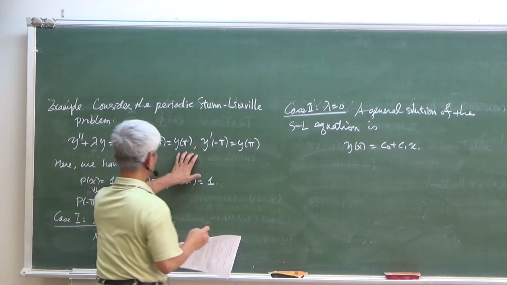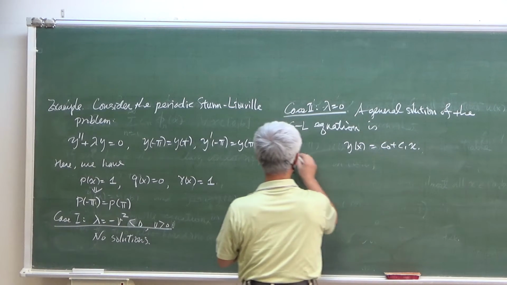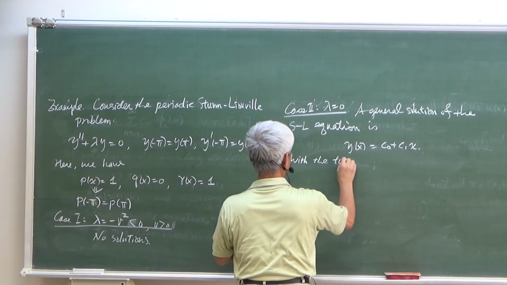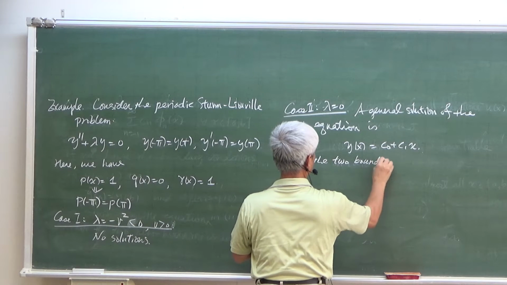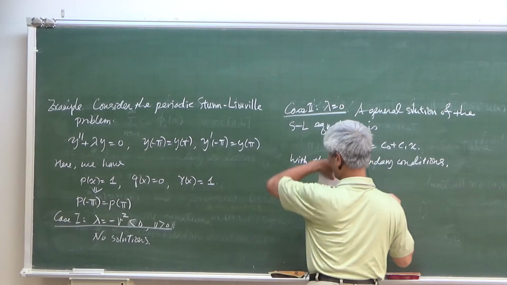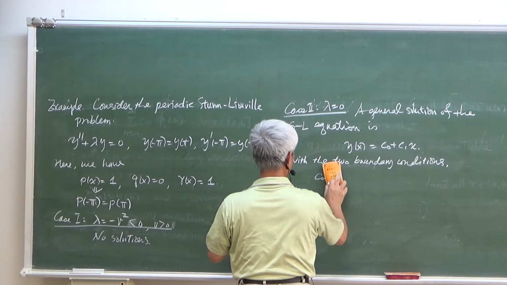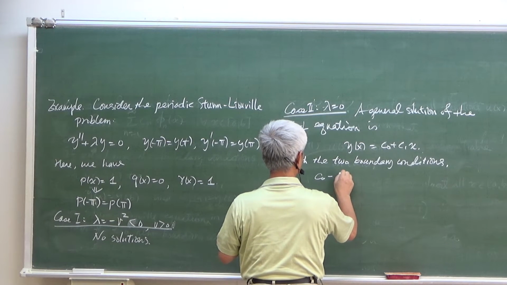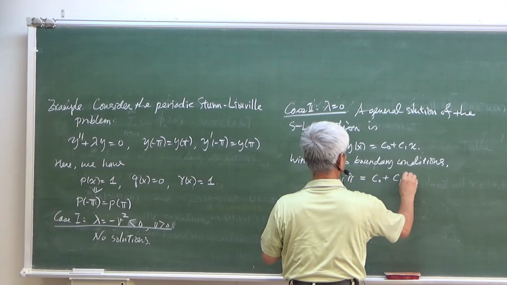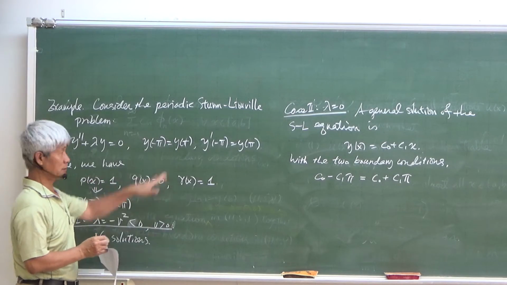Now, the two boundary conditions: we have C0 - C1 π = C0 + C1 π, from the first one by substitution.